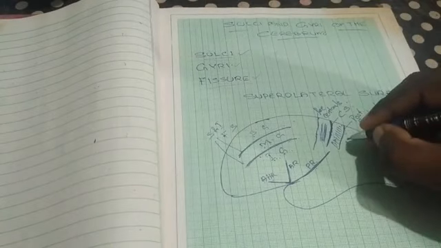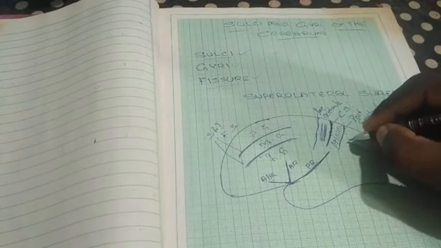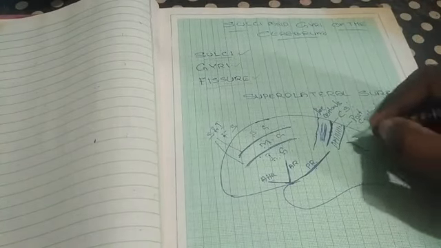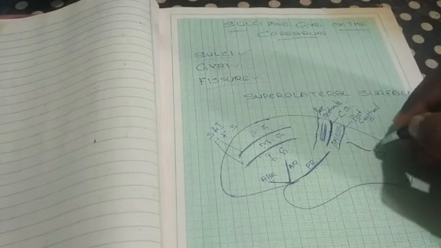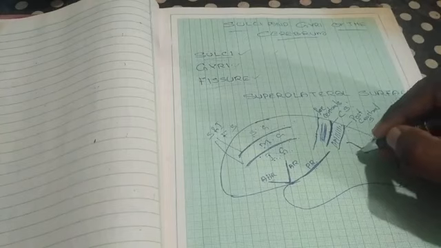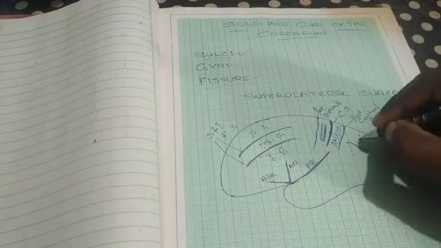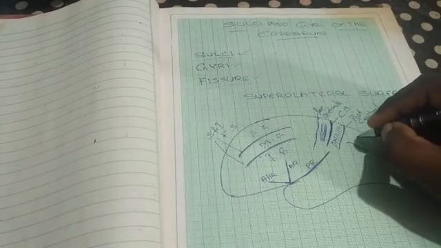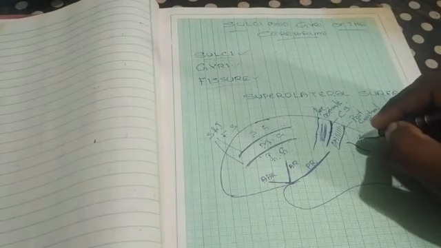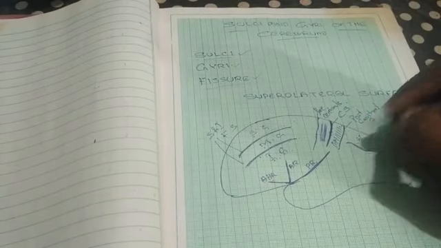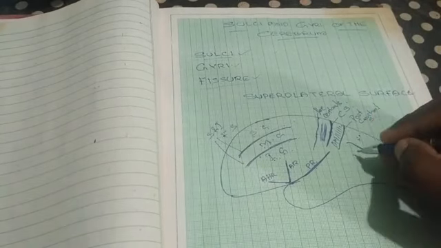Then on the parietal lobe, we can see another sulcus called the intraparietal sulcus. The intraparietal sulcus divides the parietal lobe into two: the superior area is called the superior parietal lobule, and the inferior area is called the inferior parietal lobule.